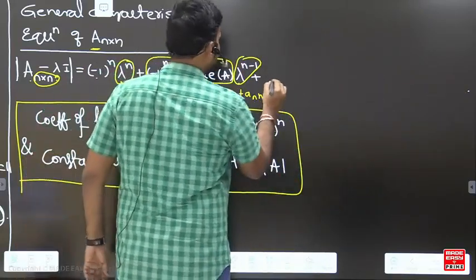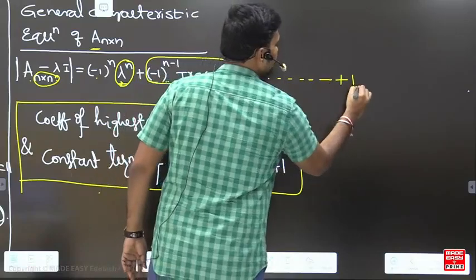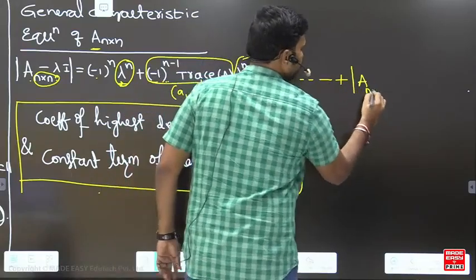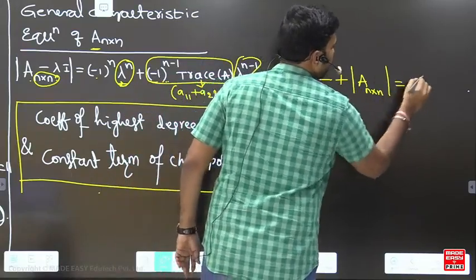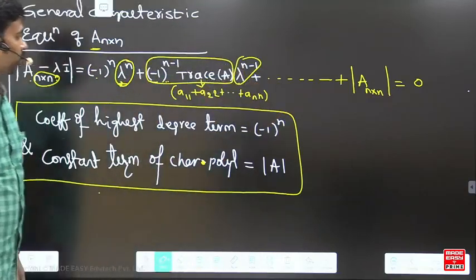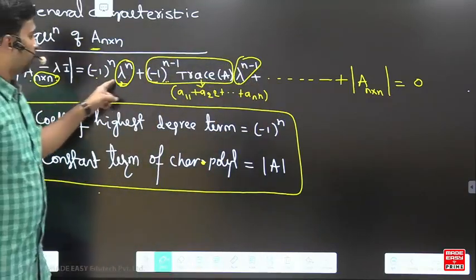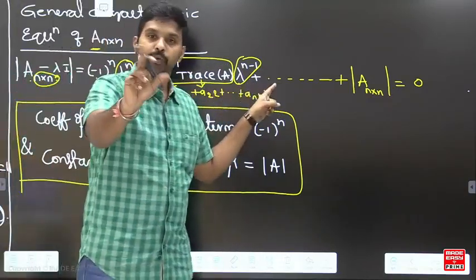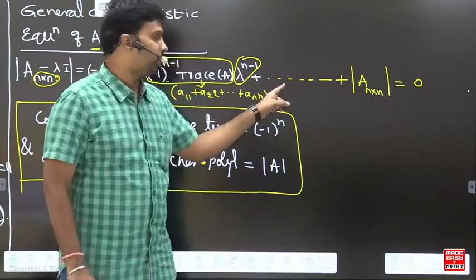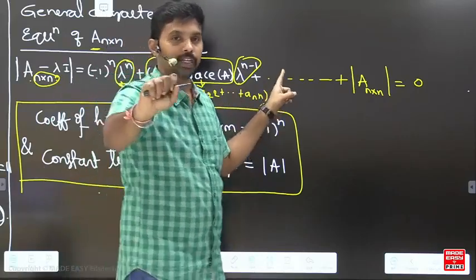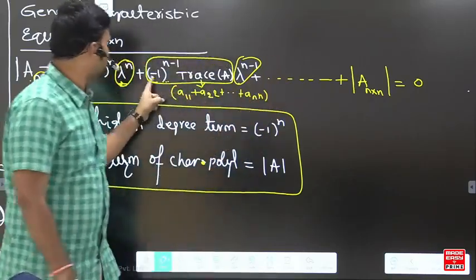You write up to this only. Only this one, beta. Not the next one, the next one is not correct. Lambda power n minus 2, it is not correct, my dear. Please don't take it. That's it.